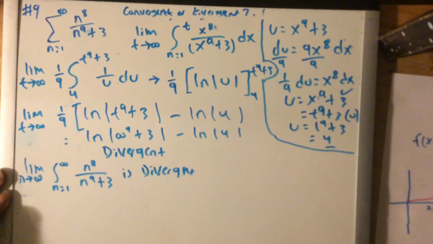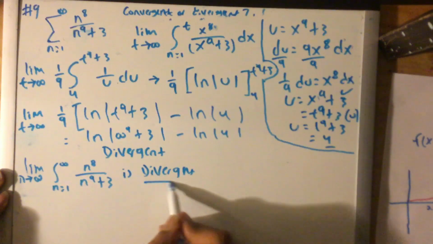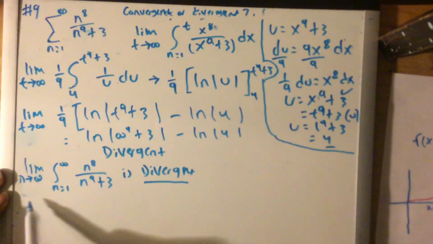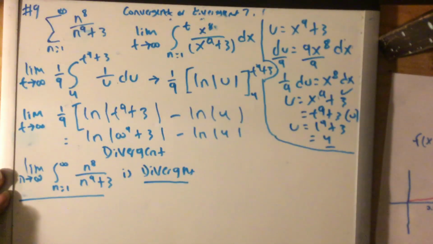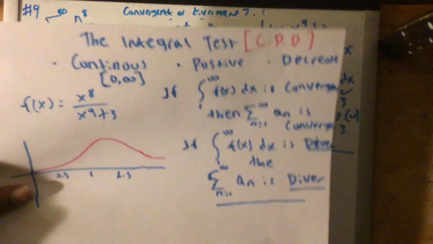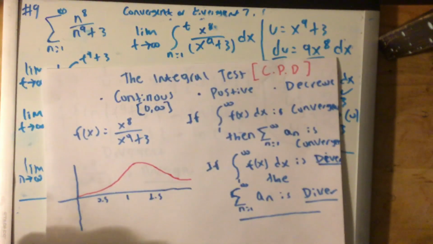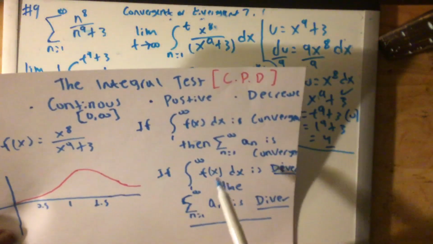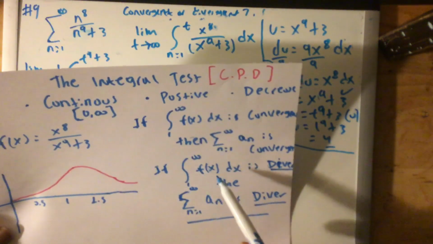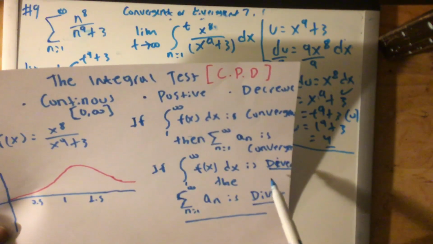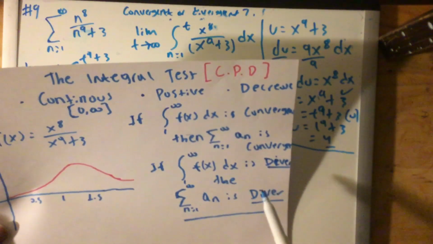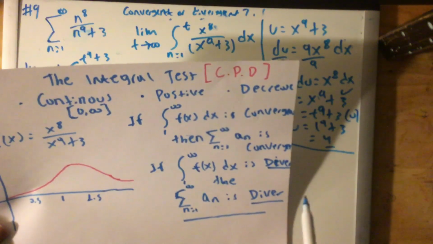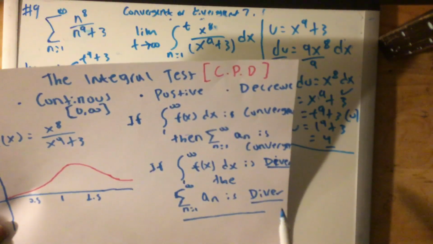So we ask, what does this mean for the series? If we bring back our paper, the integral test says that if the integral from 1 to infinity of f of x dx is divergent, then the series is also divergent.